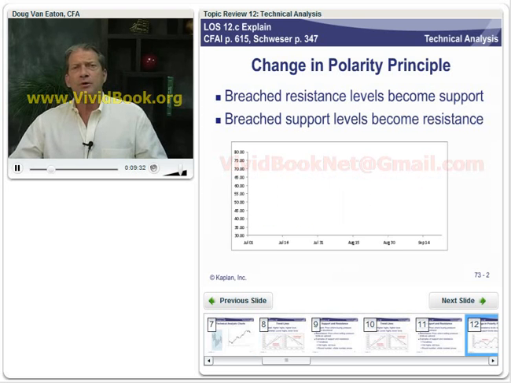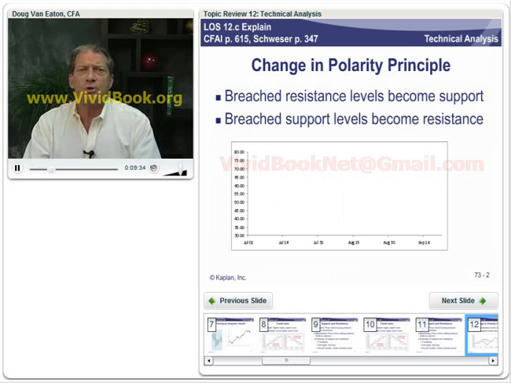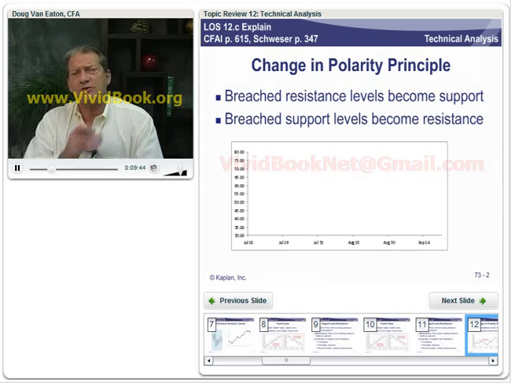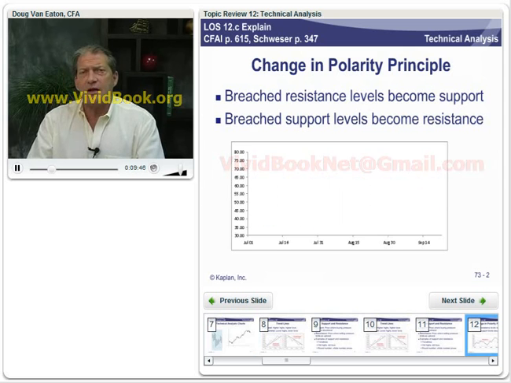Now, we've got a principle here called the change in polarity principle. The idea is that if we break through a resistance level, that resistance level then becomes a support level. And if we break through a support level on the downside, then that becomes a resistance. That's our change in polarity principle. Let's take a look.